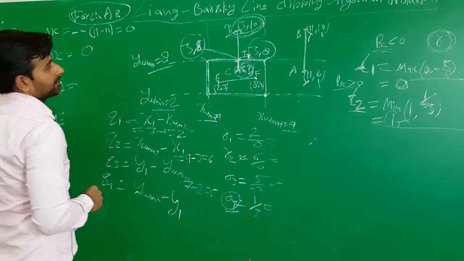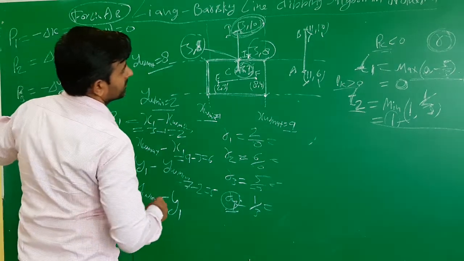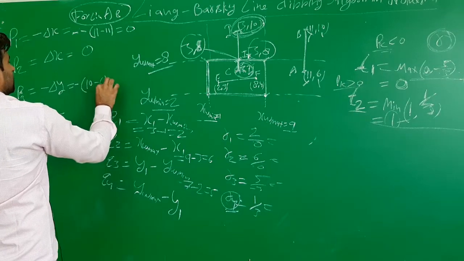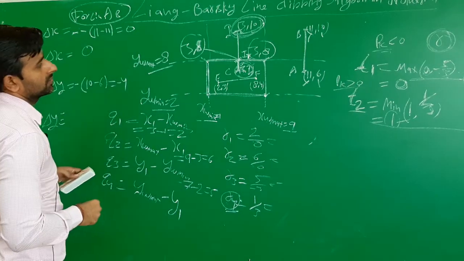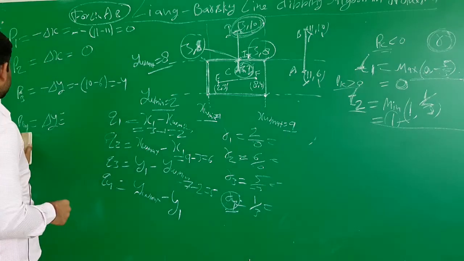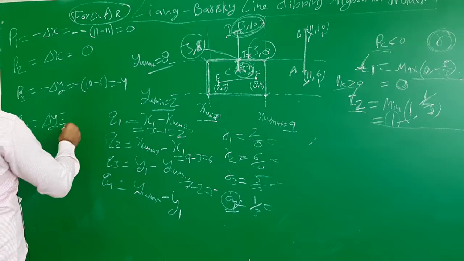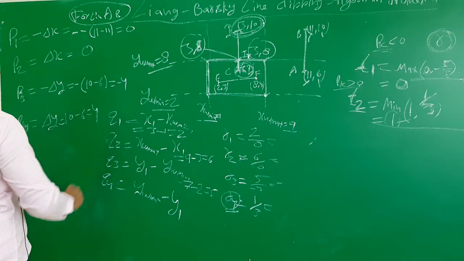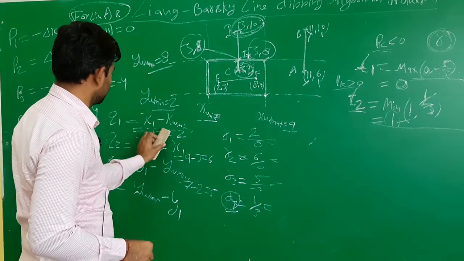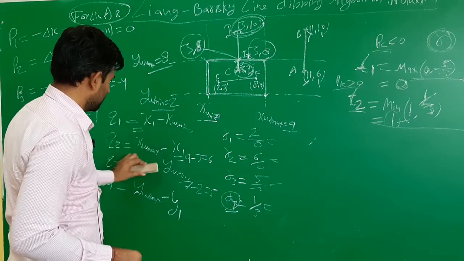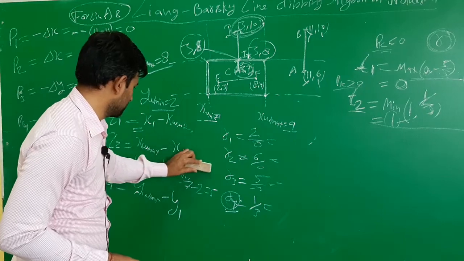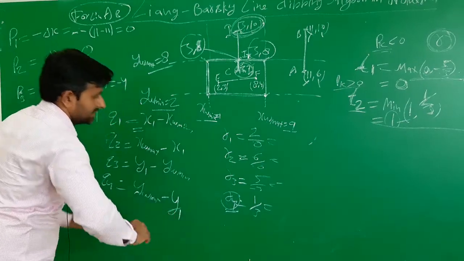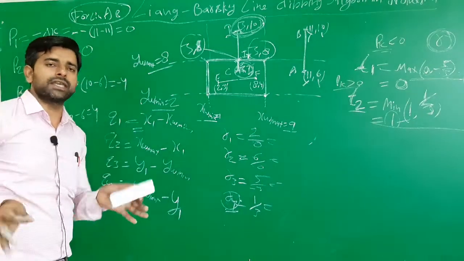P3 is minus delta y, minus 10 minus 6 equal to minus 4, and for P4, this will be 10 minus 6 equal to 4. Okay? Now same like the previous line, only the values are changing. The process is the same.